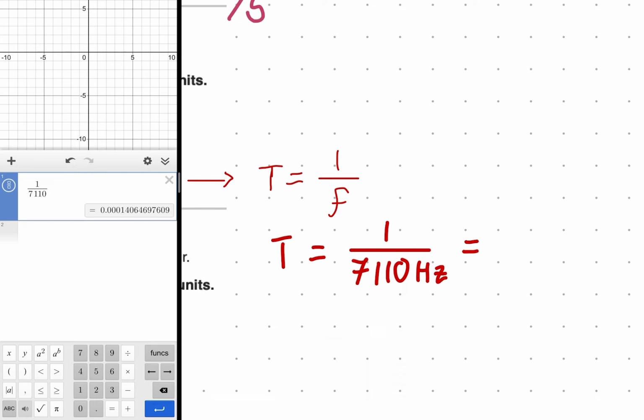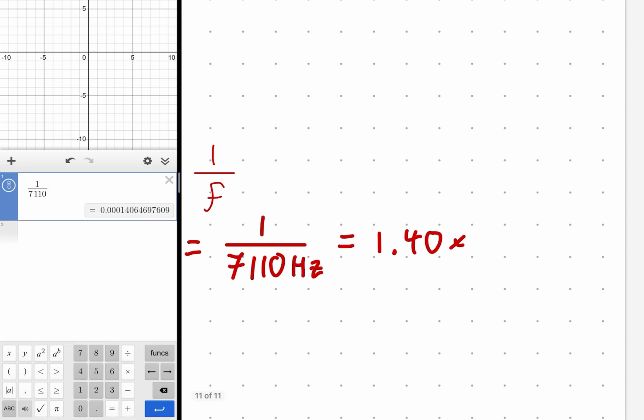All right, so let's go ahead and write this in scientific notation. We're dealing with something smaller than a millisecond. So essentially a tenth of a millisecond, which would be a 1/10,000th of a second, okay? And it's 1.4 times 10 to the negative 4.